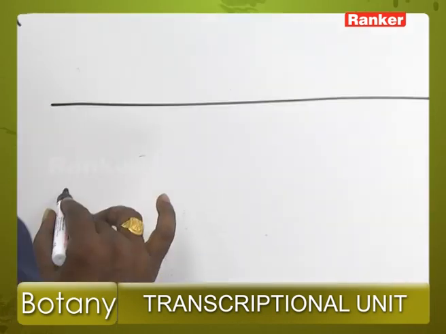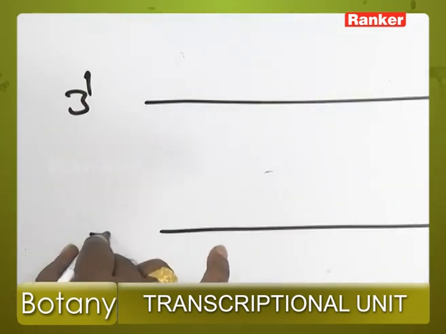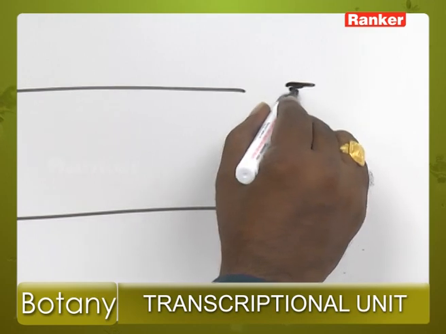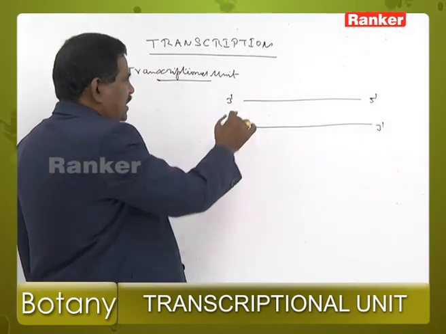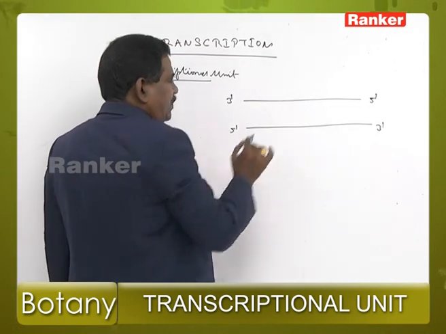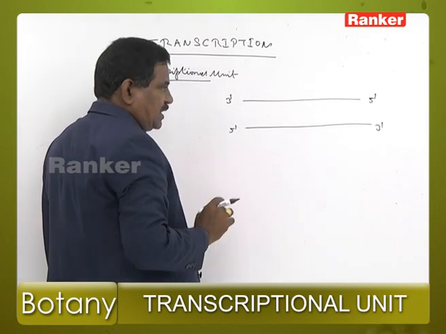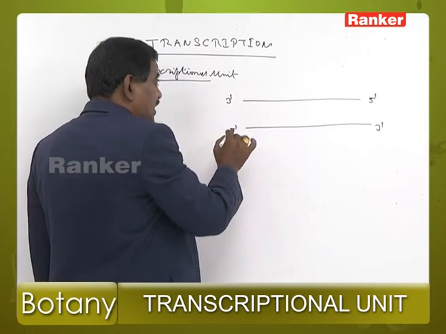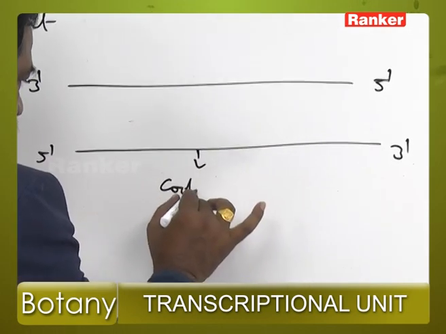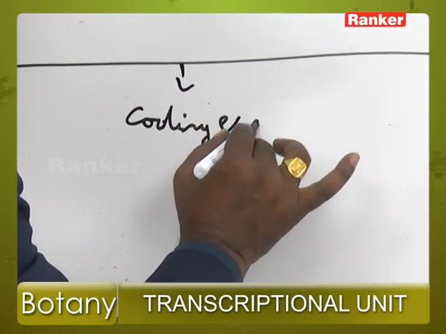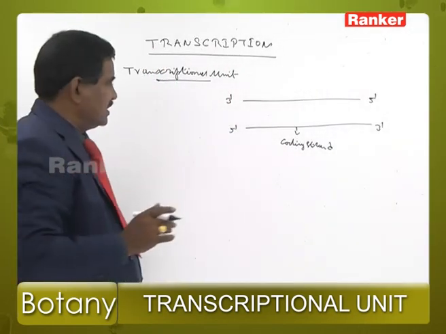These are the two strands of DNA. Only this strand, the 3' to 5' direction strand, acts as the template strand involved in transcription. Now, with reference to the coding strand, we are representing the positions of the different structures.